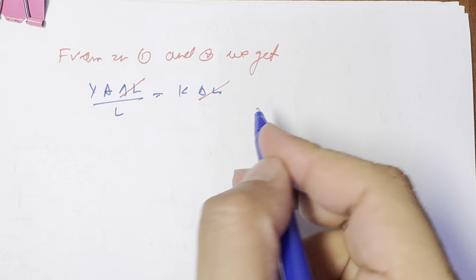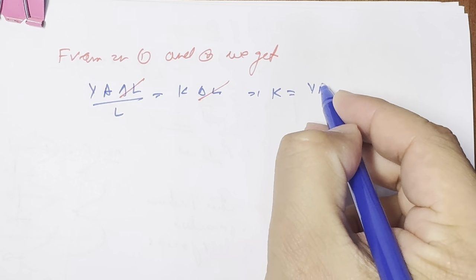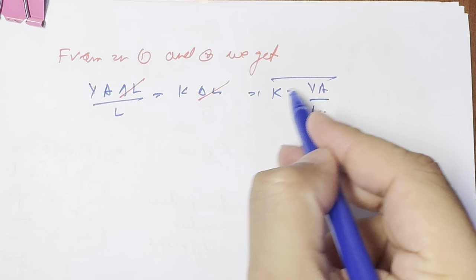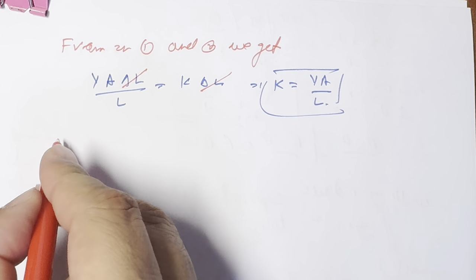From here we can write that our K will be equal to YA upon L. So we got the expression for the spring constant of the wire, and we also know the equation for SHM, because the wire is executing SHM as given in the question.